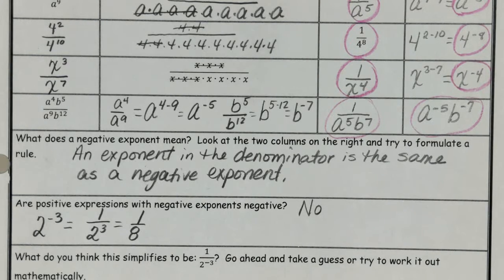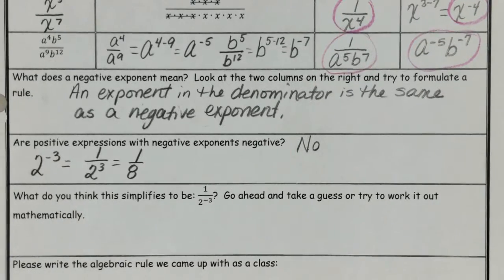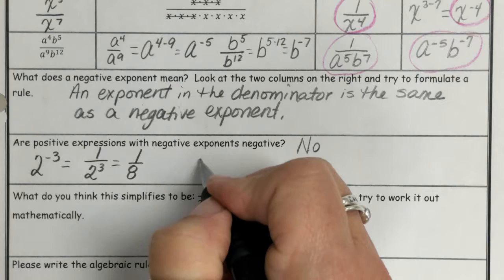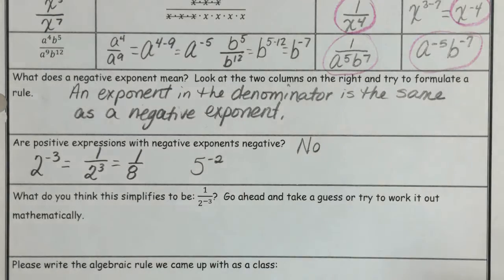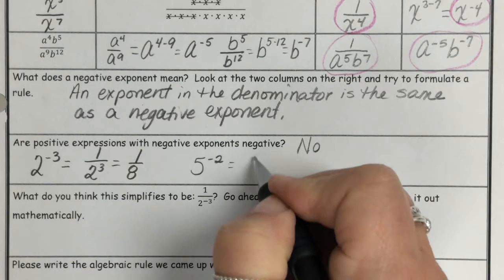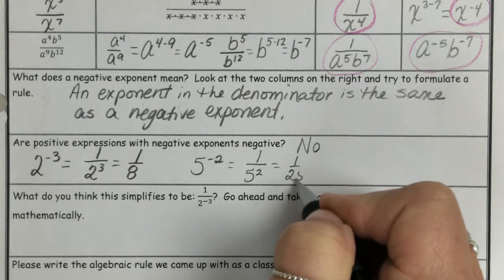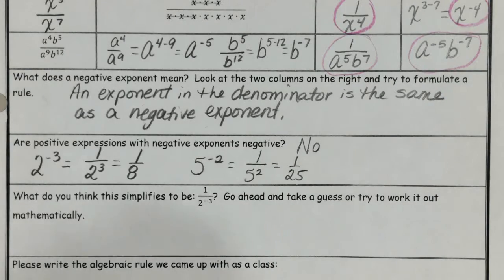So having a negative exponent does not make the number negative. Let's look at one more example. If I have 5 to the negative 2nd power, that would equal 1 over 5 squared, which would equal 1/25. And again, both of those are positive. So just because it has a negative exponent does not make the base number negative.